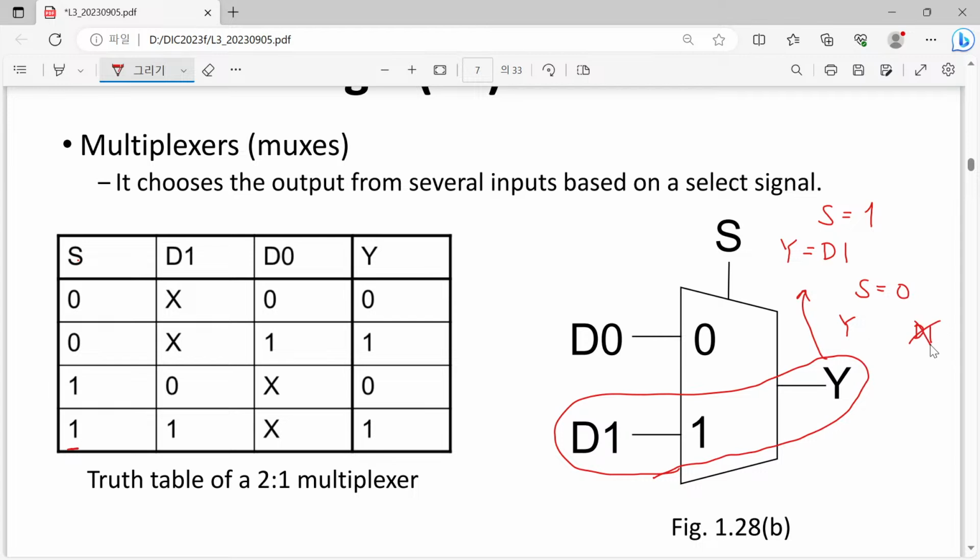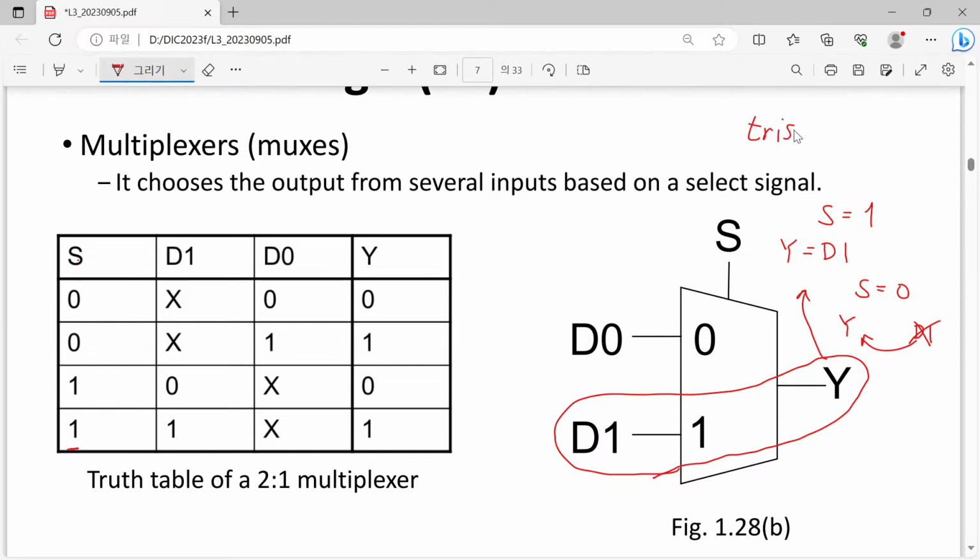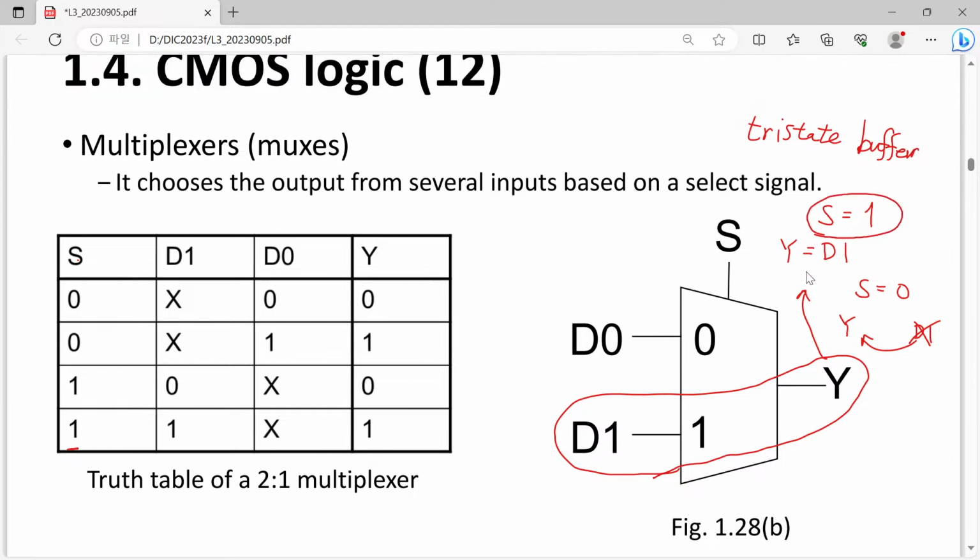It has no influence on Y. Please note that this is actually the operation of our tri-state buffer. When the controlling signal or enable signal is 1, then it becomes a buffer. And when enable signal is equal to 0, then this becomes floating.